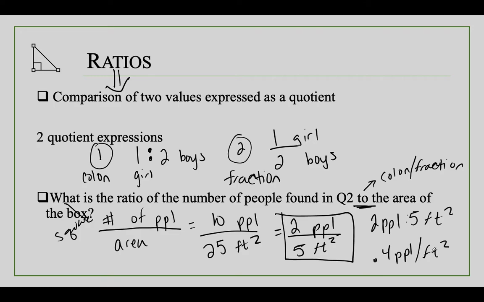Because one whole person should come out to be 2.5 feet squared. But in order to just look at 1 foot squared, it's equivalent to 0.4 of a person, which is not really possible. So it's better to leave it in that form.